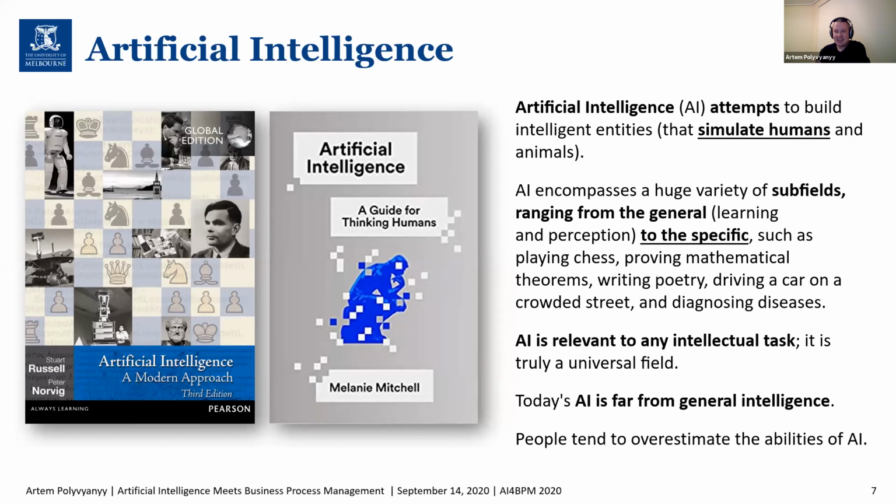So to understand the state of the art in AI, I looked then in the books by Stuart Russell and Peter Norvig, and also a very interesting recent book by Melanie Mitchell. And in the latter book, the author argues that we still tend to overestimate the abilities of AI, and that today's AI is far from general intelligence.